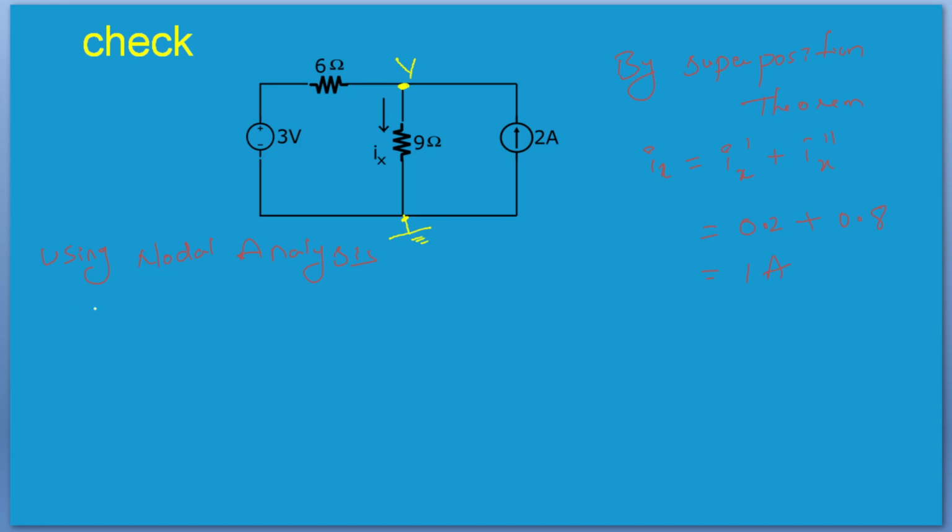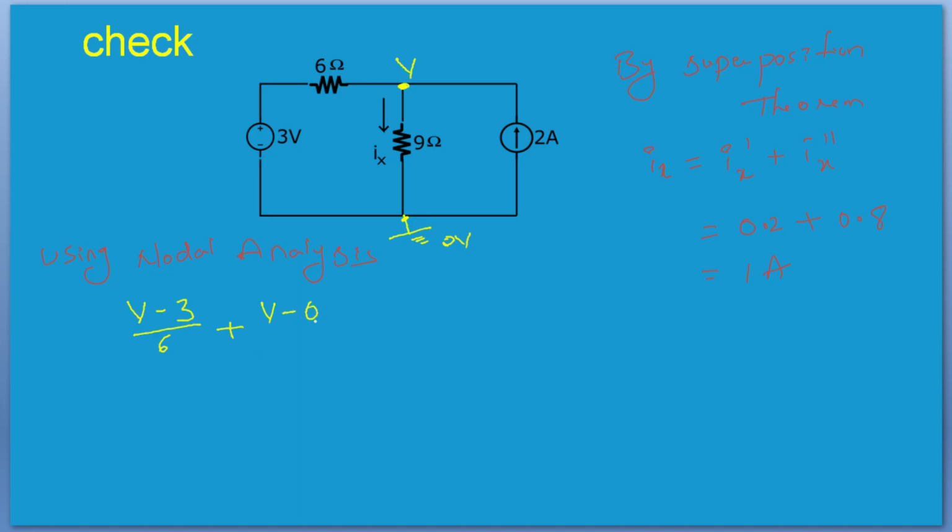So writing nodal equation, (V minus 3) by 6 plus, ground node is at a potential of 0 volts, right?